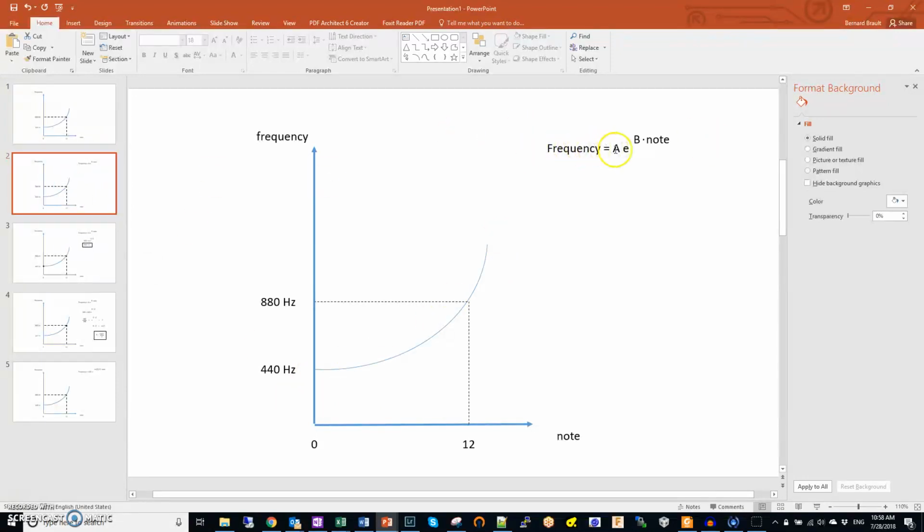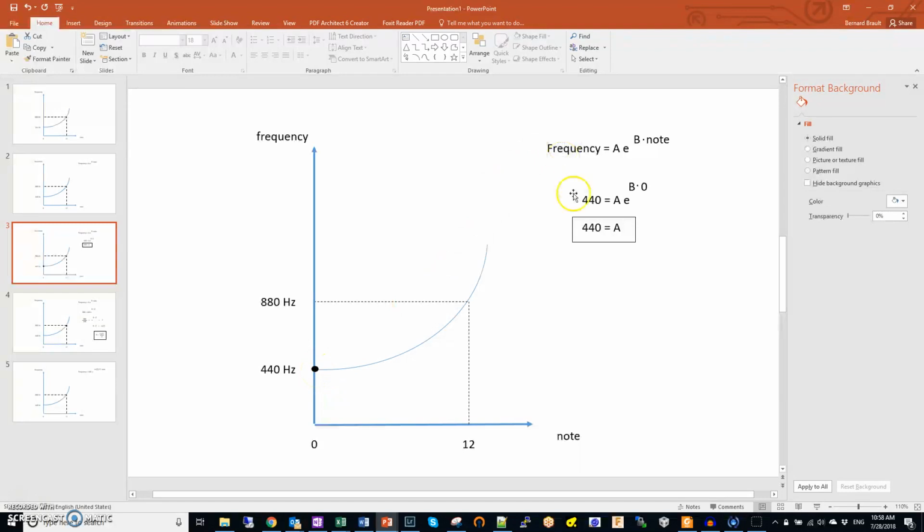It's a constant times an exponential with another constant times the note. So we have two unknowns, constant A and constant B, but we have 2 points. We know the value of this point right here, and we know the value of that point. So it should be fairly easy to solve this equation, and I'm going to show you how. Let's plug the first point into the equation.